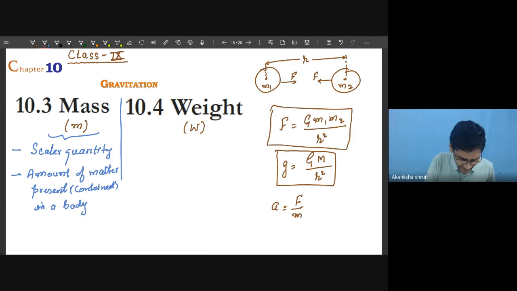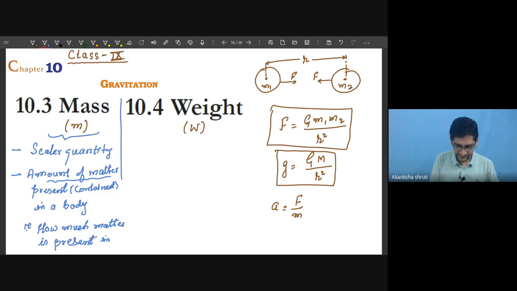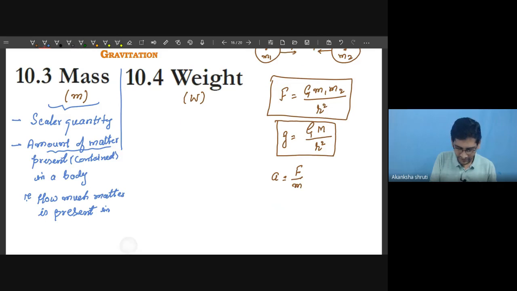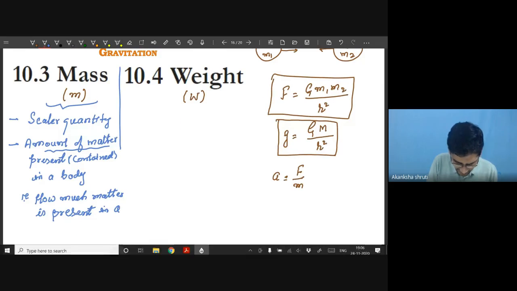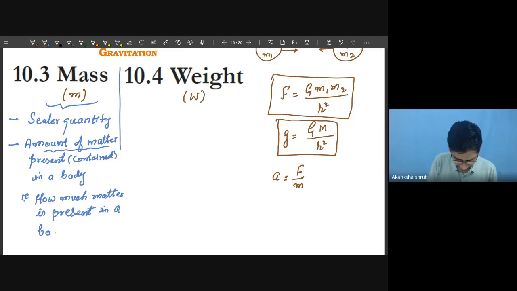So it is just how much matter is there, that is present in a particular body. If the body contains more matter, means its mass will be more.